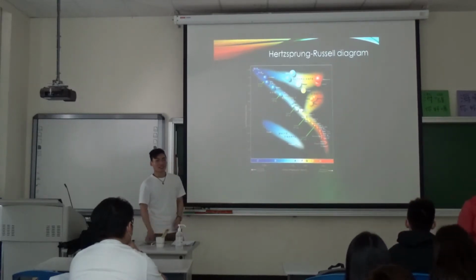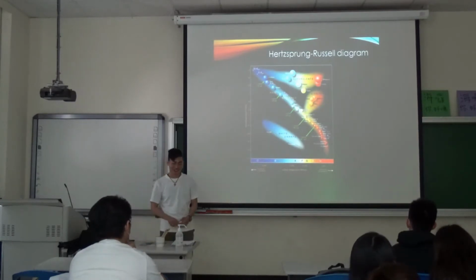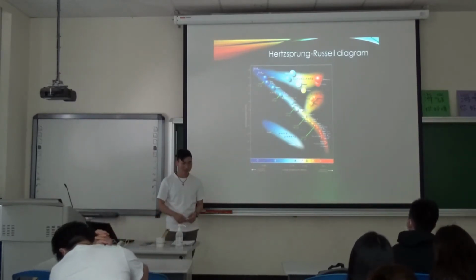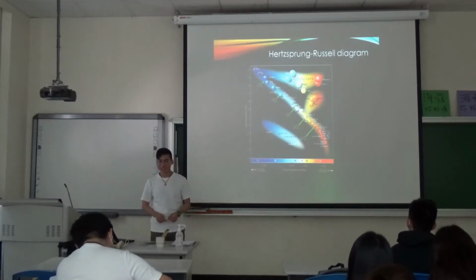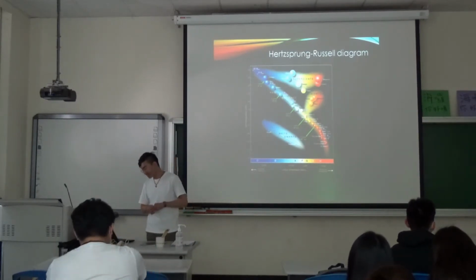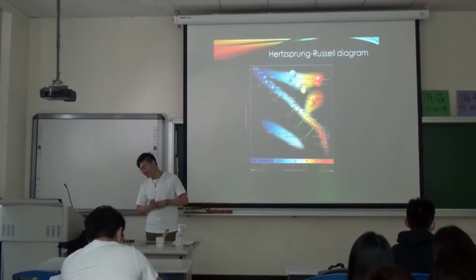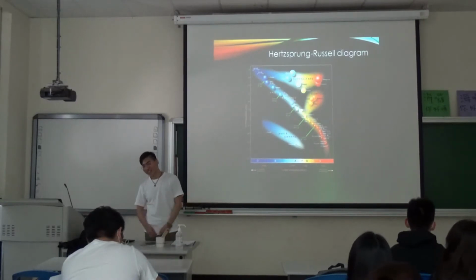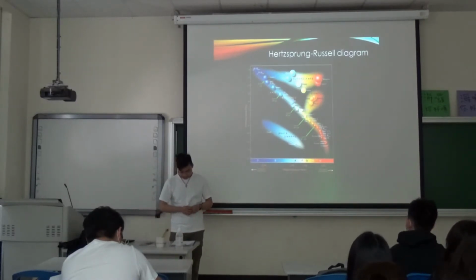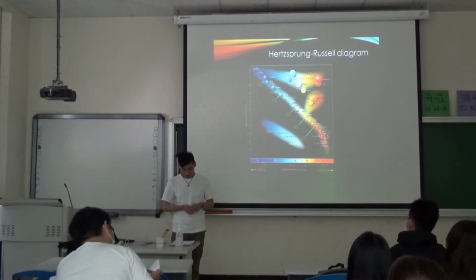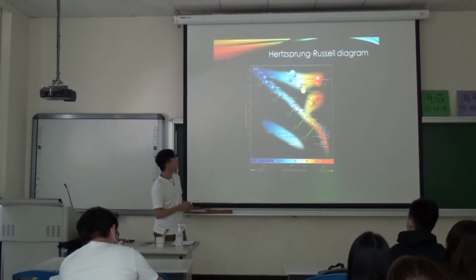Zhiying. I want to ask, how do you know if it is a massive star or an average star? Because at the same luminosity, there is a supergiant and an average star.